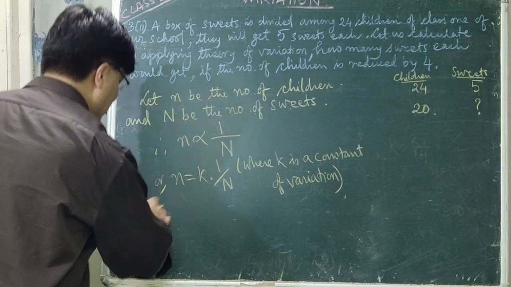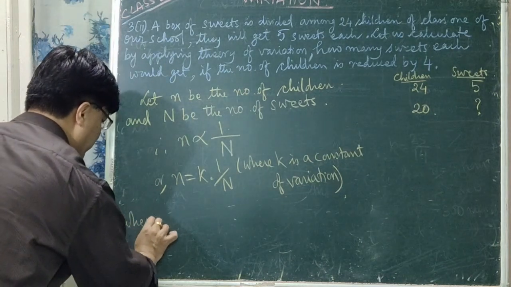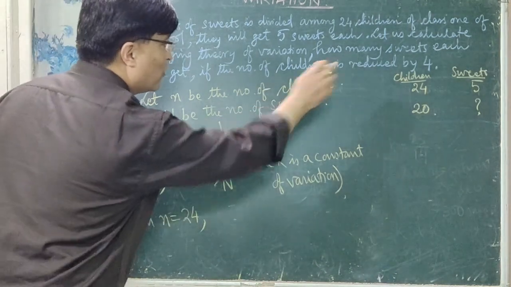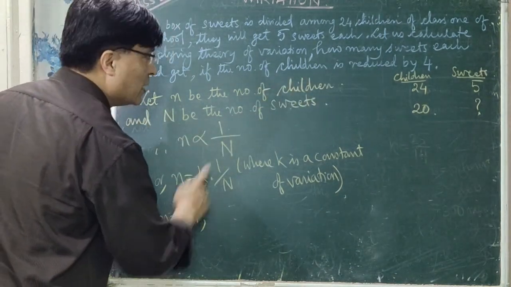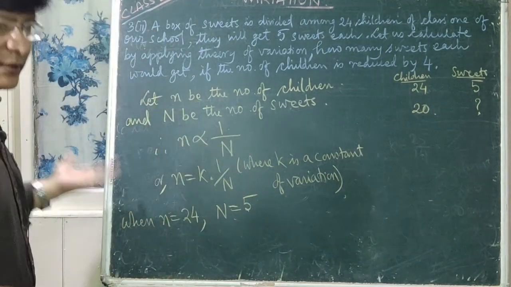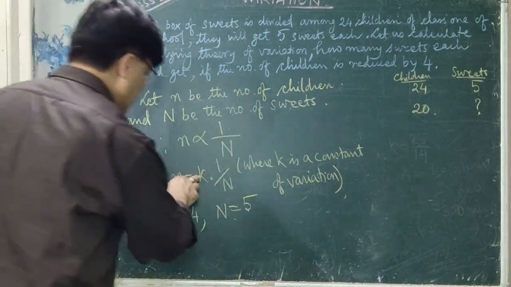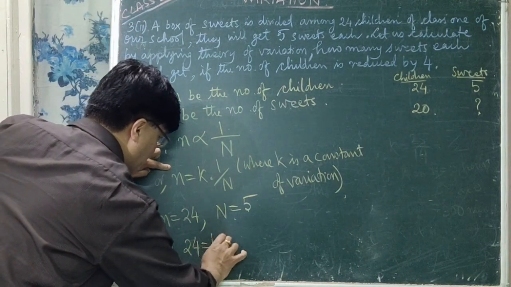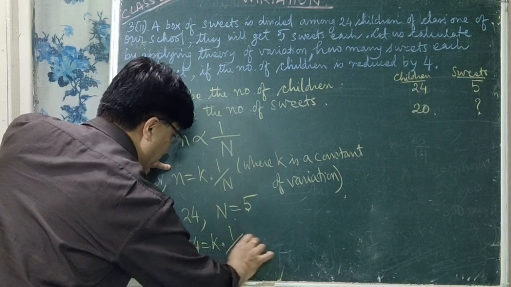Okay, so here the values are given when n is equal to 24, right? When small n is equal to 24, capital N is equal to 5. Okay, so let us put the value here. So therefore, small n 24 is equal to k into 1 upon 5.